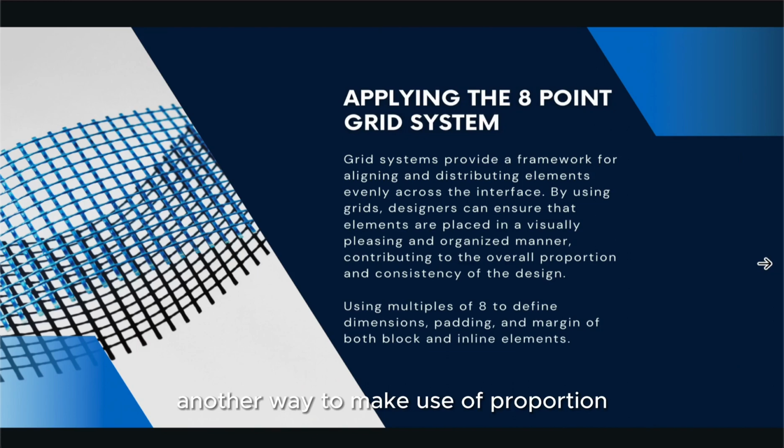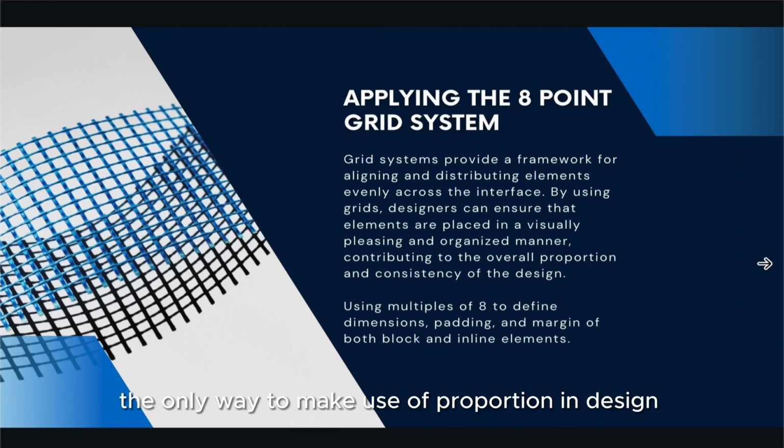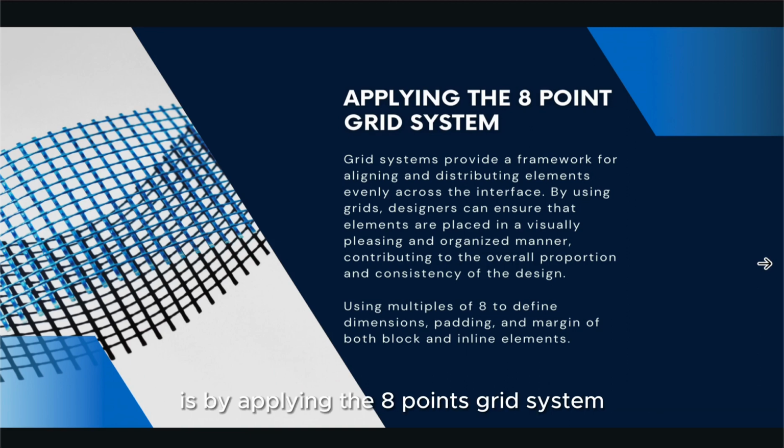Another way to make use of proportion, because the golden ratio is not the only way to make use of proportion in design, is by applying the 8-point grid system. What is the 8-point grid system? First and foremost, what is a grid system?